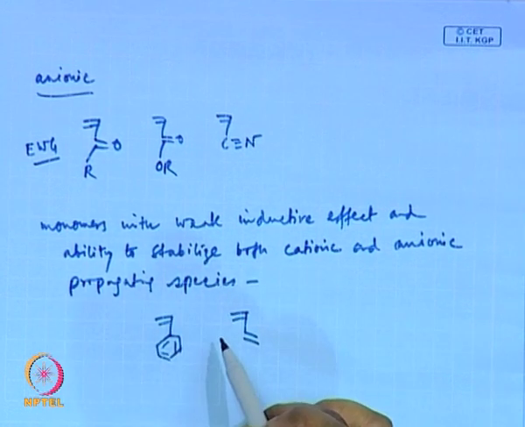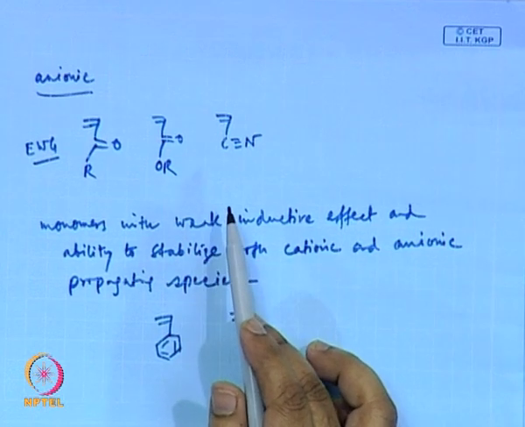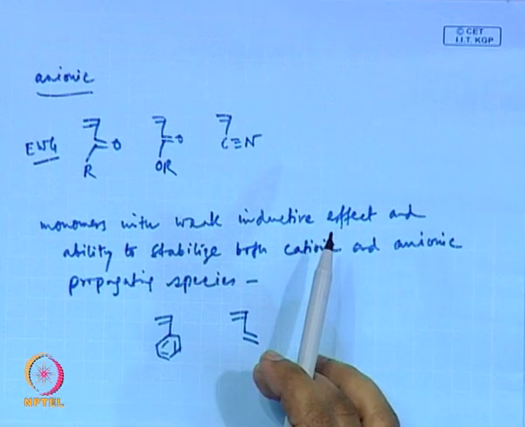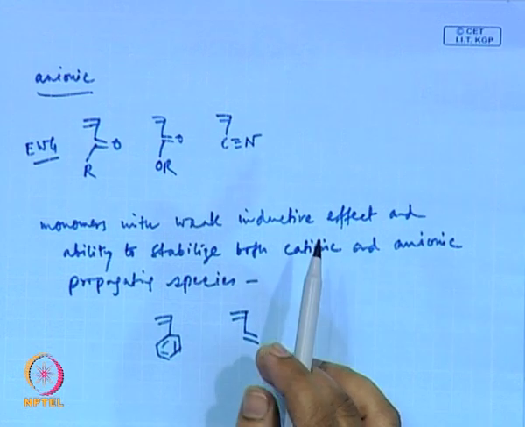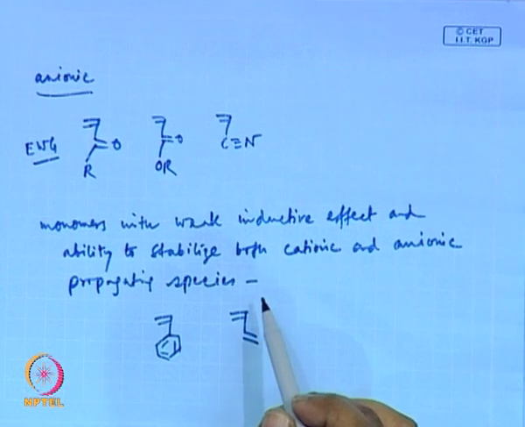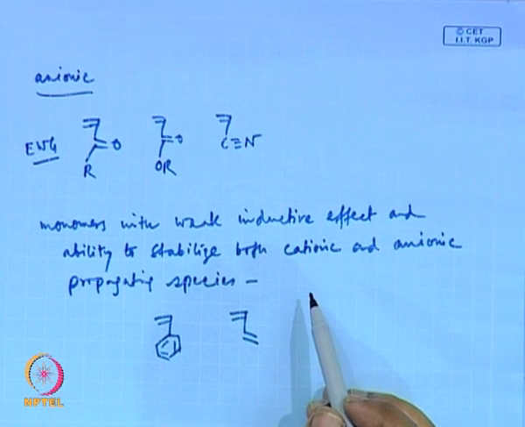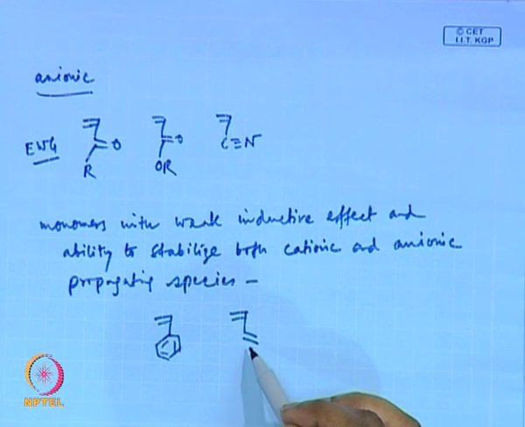As we have seen from this discussion, not every monomer can be polymerized ionically. There is a set of monomers which can be polymerized anionically, and a smaller number of monomers can be polymerized cationically, and there are even fewer monomers which can be polymerized by both anionic and cationic polymerization.